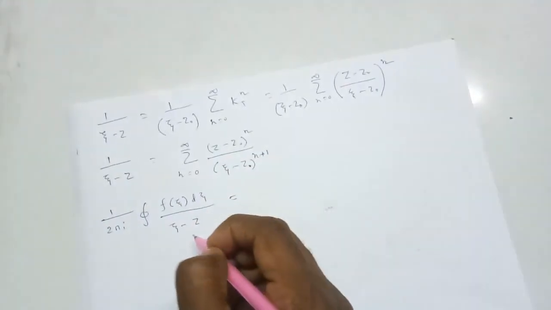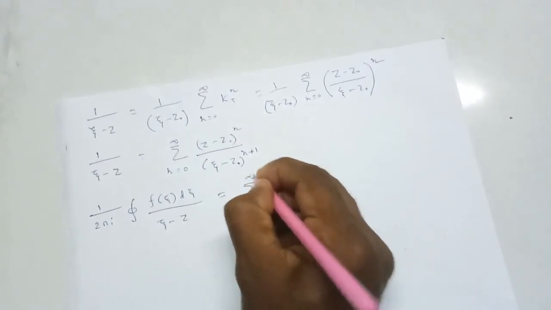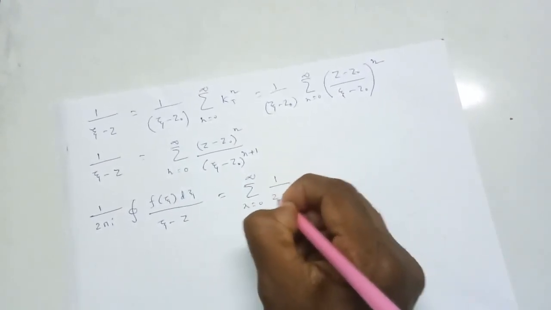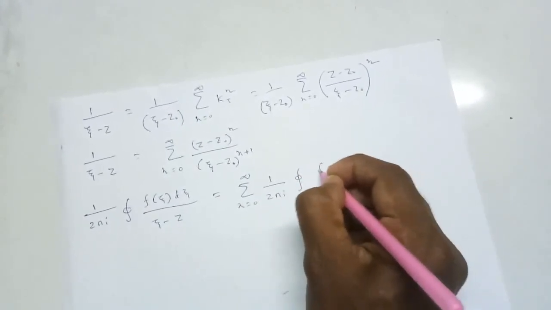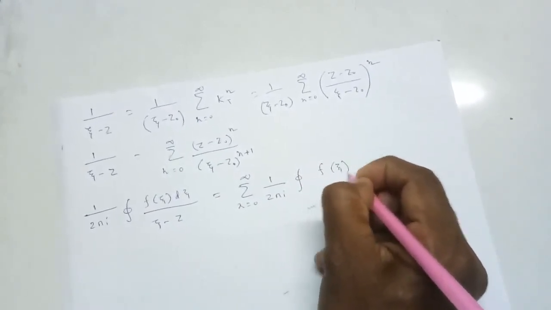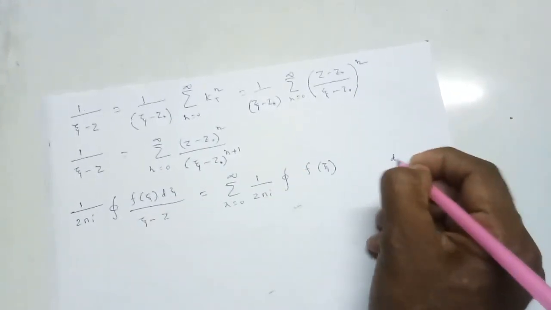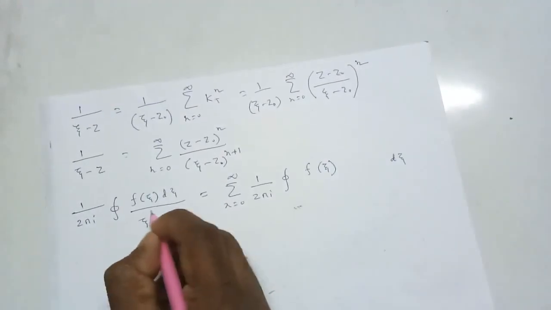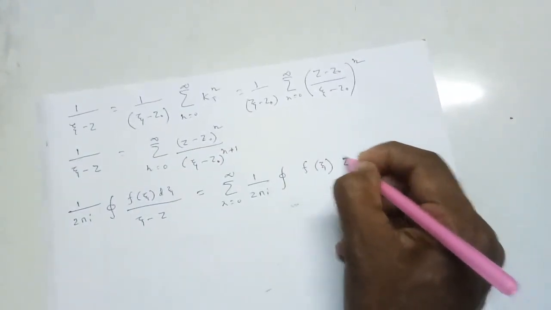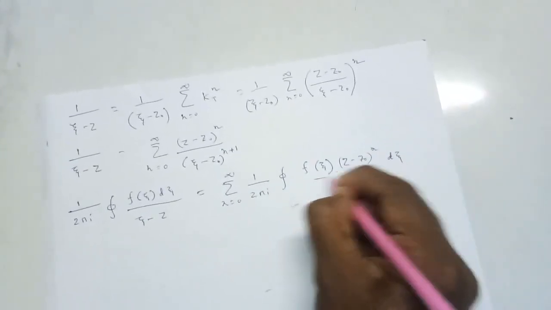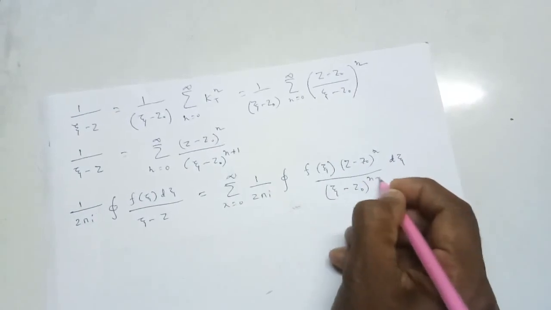I will substitute here this factor 1 by xi minus z by this expression, and we find summation from 0 to infinity of 1 by 2 pi i, f of xi d xi, z minus z0 to the power n divided by xi minus z0 to the power n plus 1.